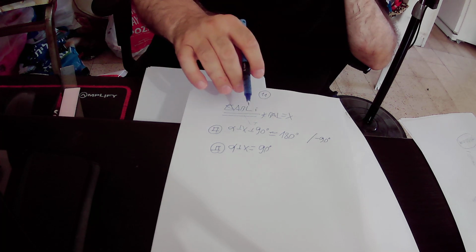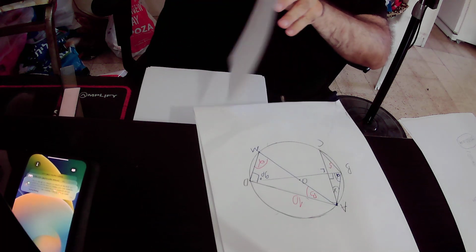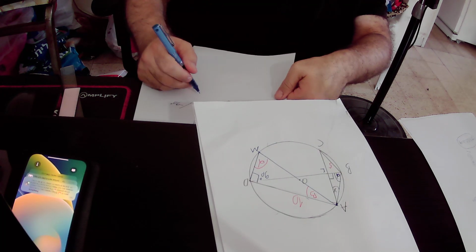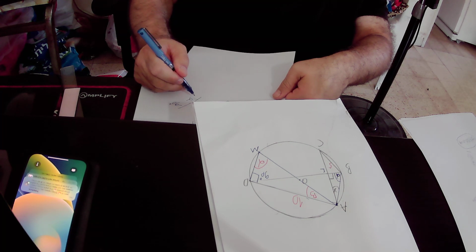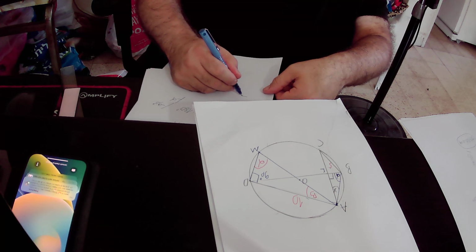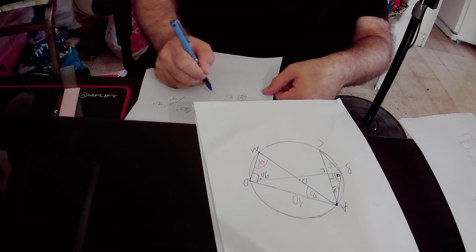Now we will subtract alpha from equation number 2. We'll get that X equals 90 degrees minus alpha.